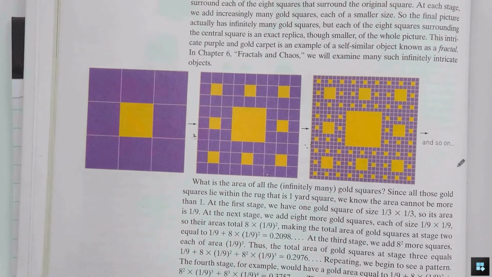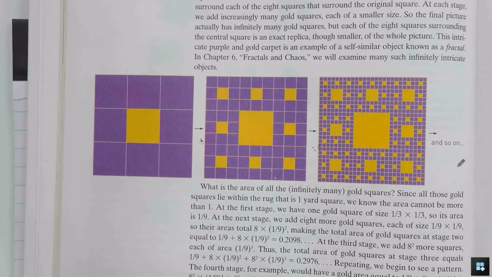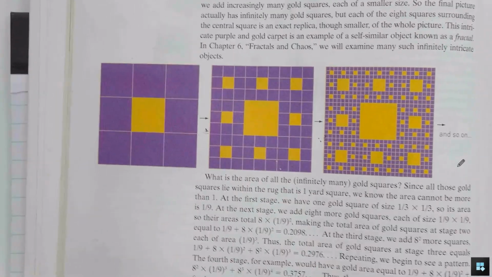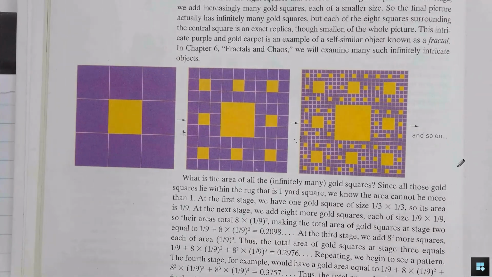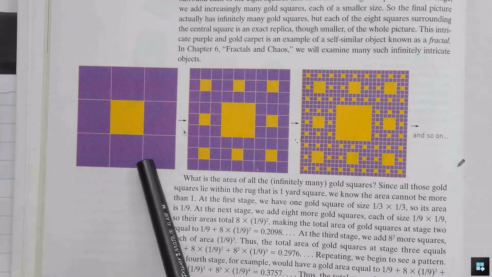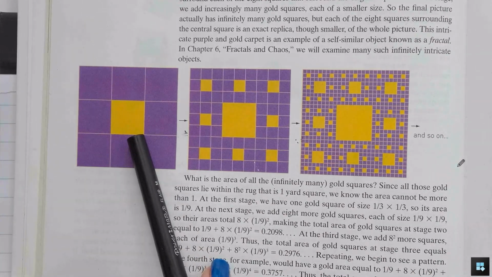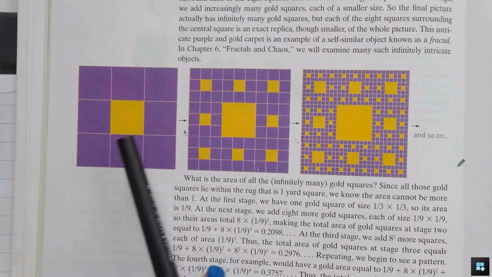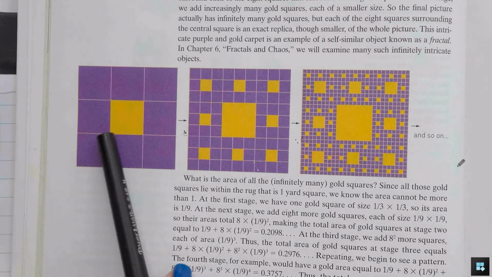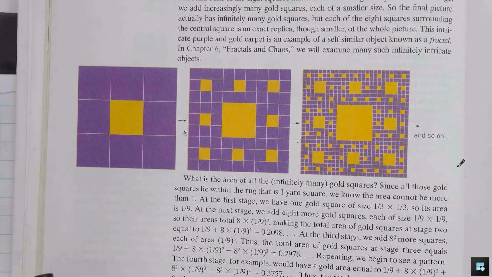So here we have how the Sierpinski carpet is formed. You start with a square and remove the center square. That's 1/3 as wide as the whole square.